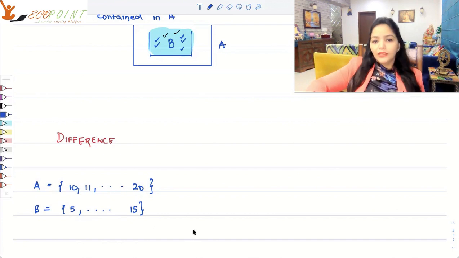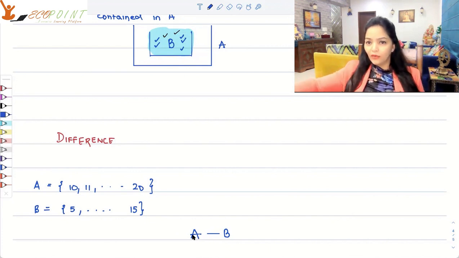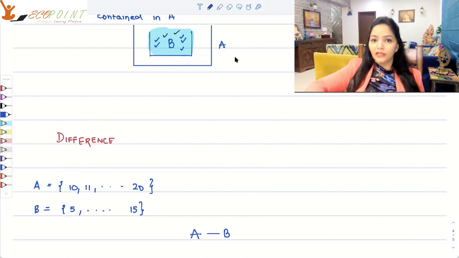Now, if I want to take the difference between A and B, it's like A minus B. When you subtract something, it is almost like you're taking those things out. So this will be like you are taking B out of A.